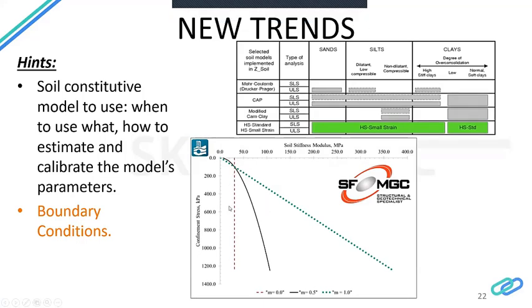This case reflects pure rock material. If you have an M value of 1, you will end up with a linear increment of the stiffness, and this represents a clay material. And if you have 0.5, you have a pure sand material. So you have to develop a sense of what each parameter means before using finite element modeling.